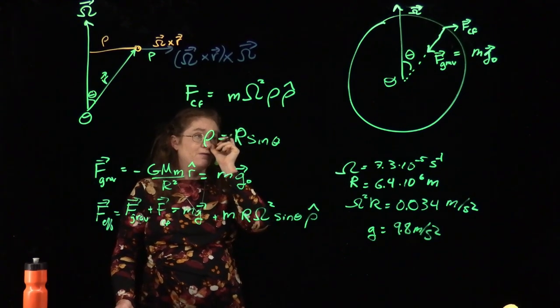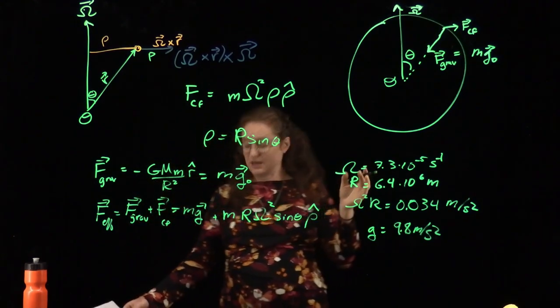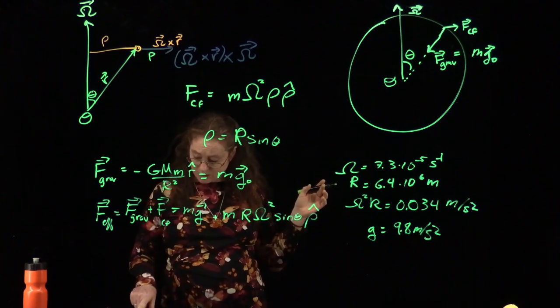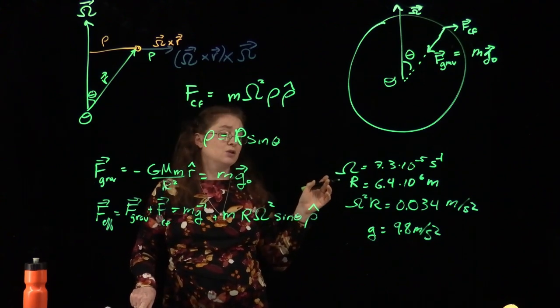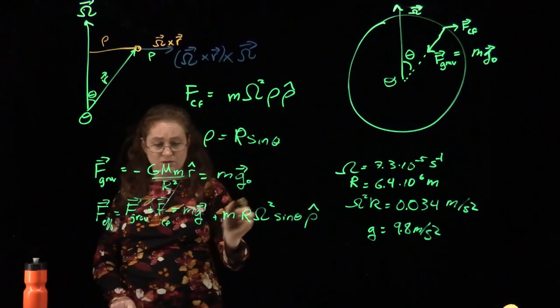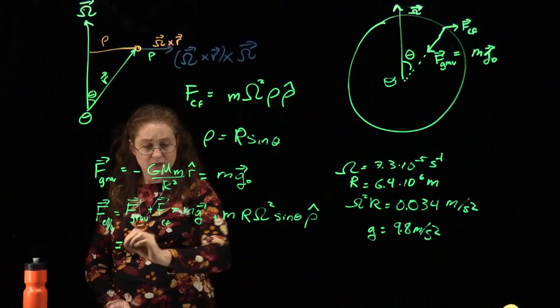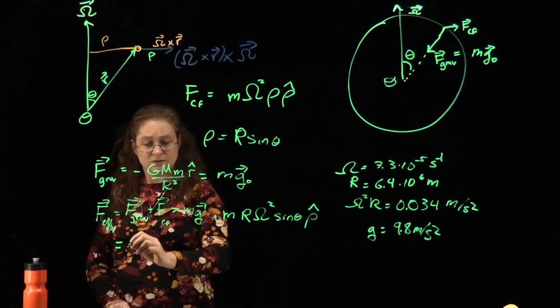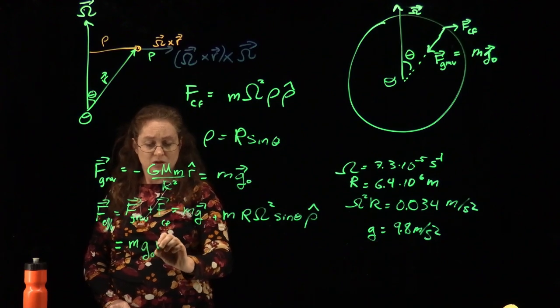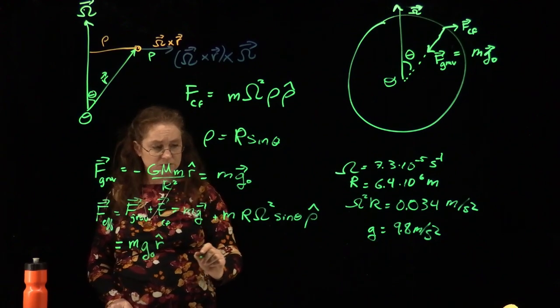So if you want to really look at the difference, if you want to write this vector for gravity, this is mg naught r hat.